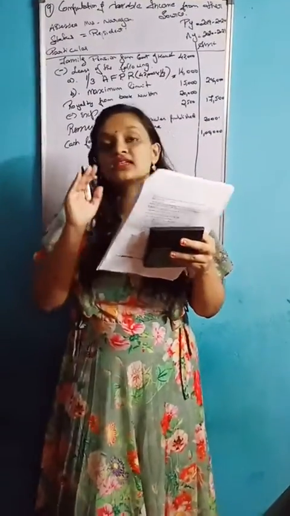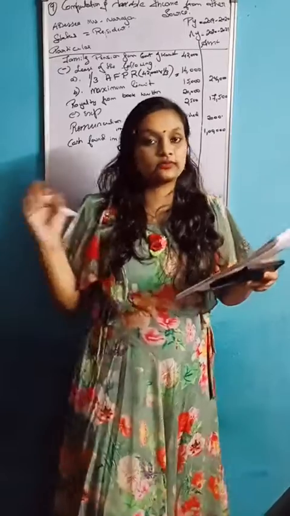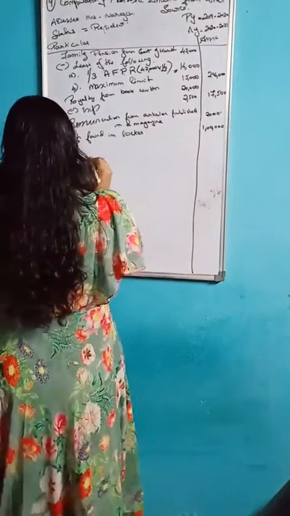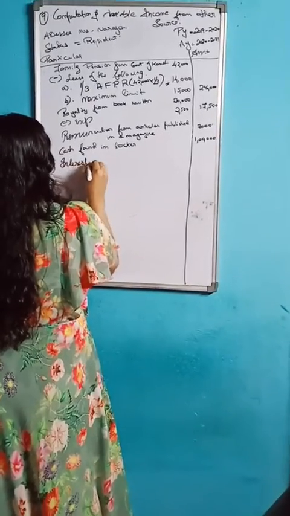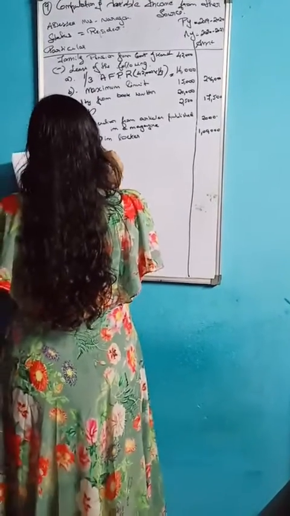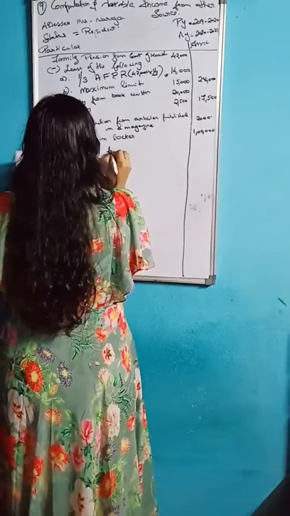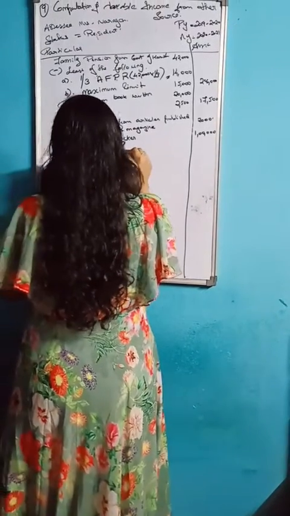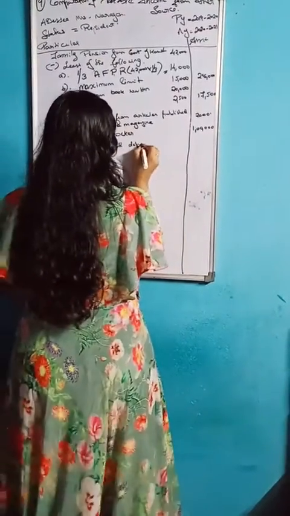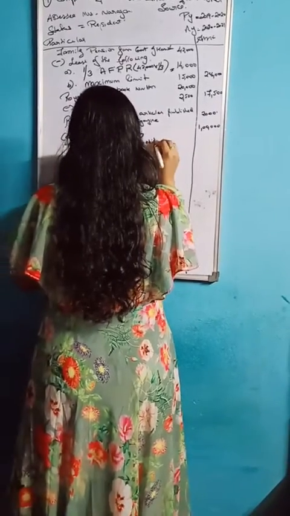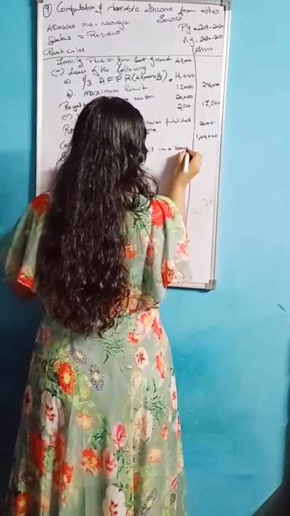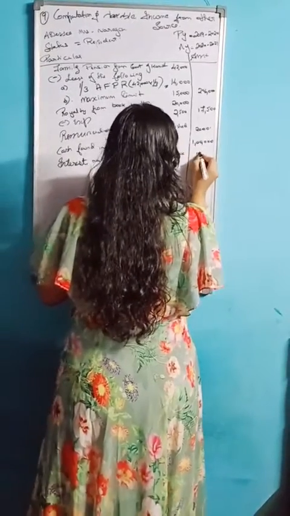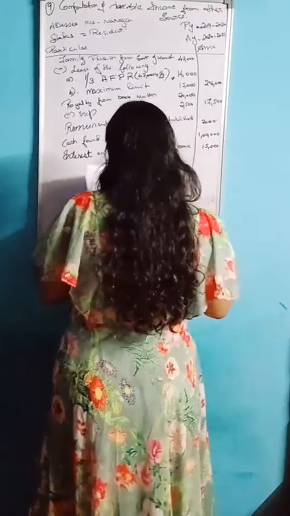Next, interest on fixed deposit in a bank, it's 15,000. It's taxable. So interest on fixed deposit in a bank is 15,000.